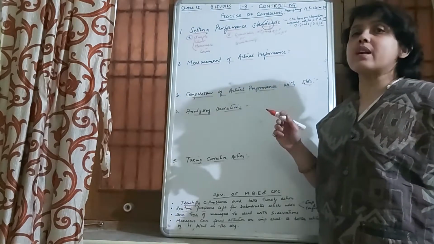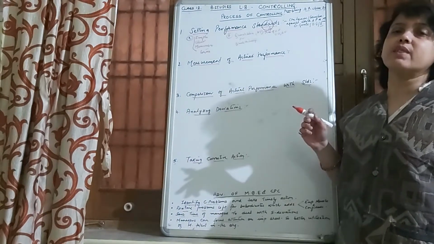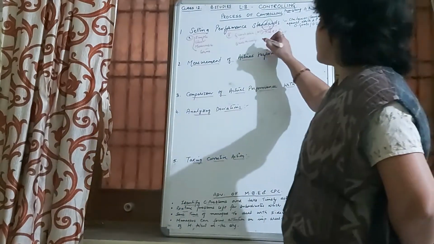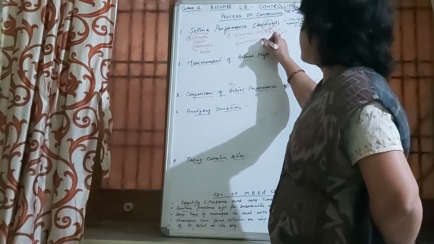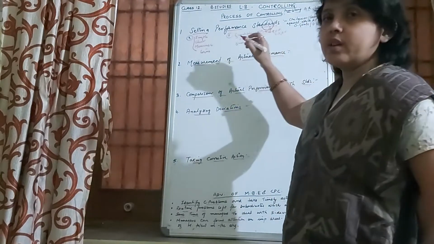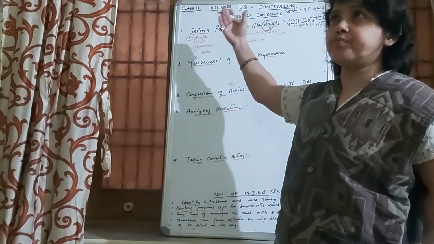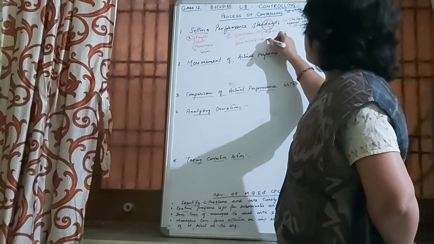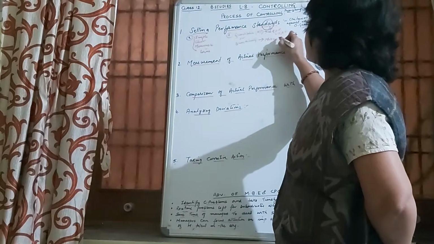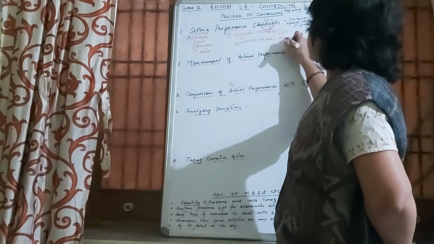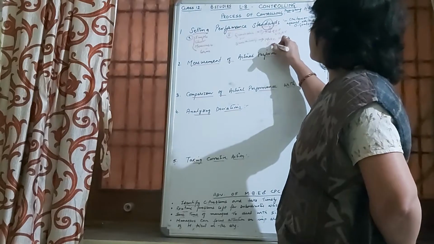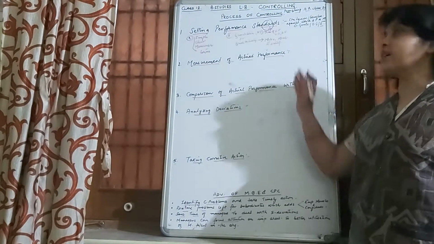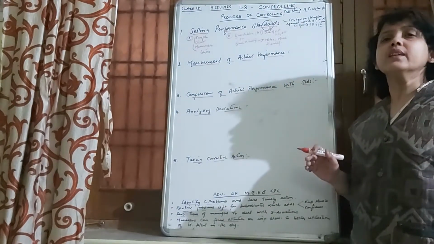But not all the standards of each and every activity in the organization can be set quantitatively. Therefore, sometimes there is a need to set qualitative standards. For example, if an organization has to set the standard for motivation, morale, employee satisfaction, if it wants to measure all these things, then it cannot be set in quantitative terms.